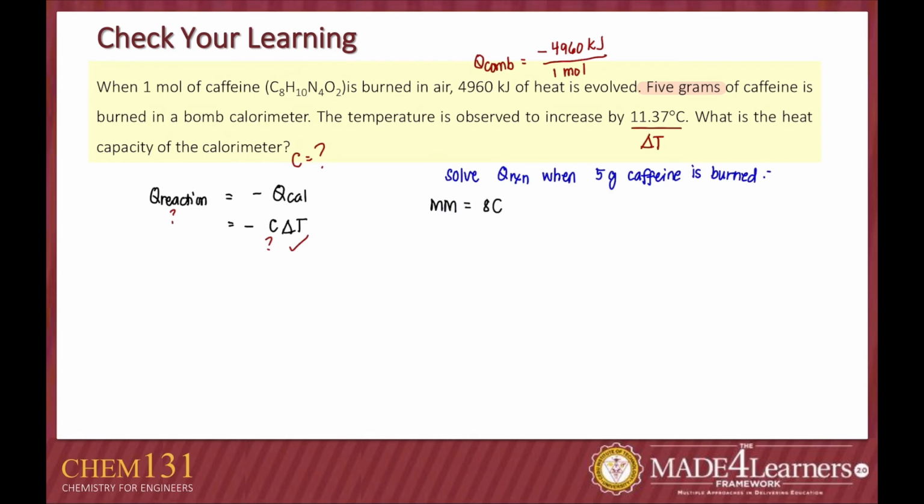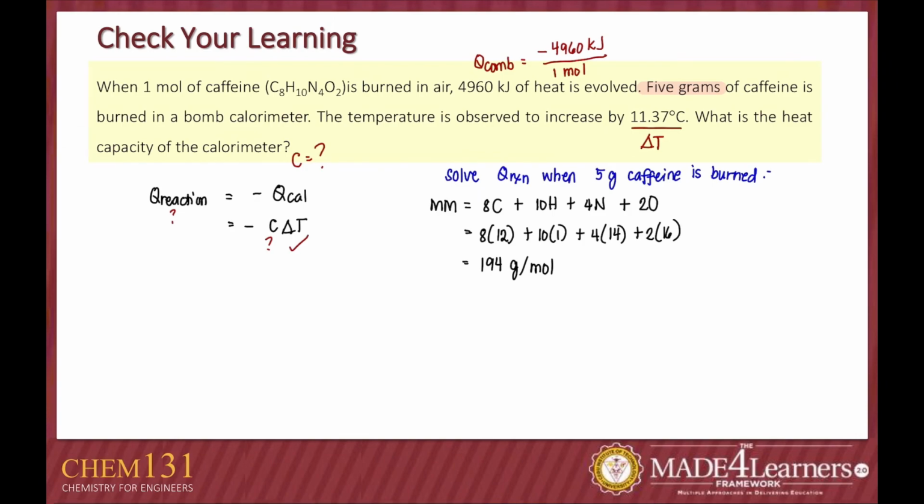So na 8 ka carbon plus 10 ka hydrogen plus 4 ka nitrogen plus 2 ka oxygen. So that carbon atomic mass is 12 times 8 plus hydrogen is 1 plus nitrogen is 14 plus oxygen is 16. And could you please compute kung pila na siya? Alright, so the answer is 194 grams per mole.